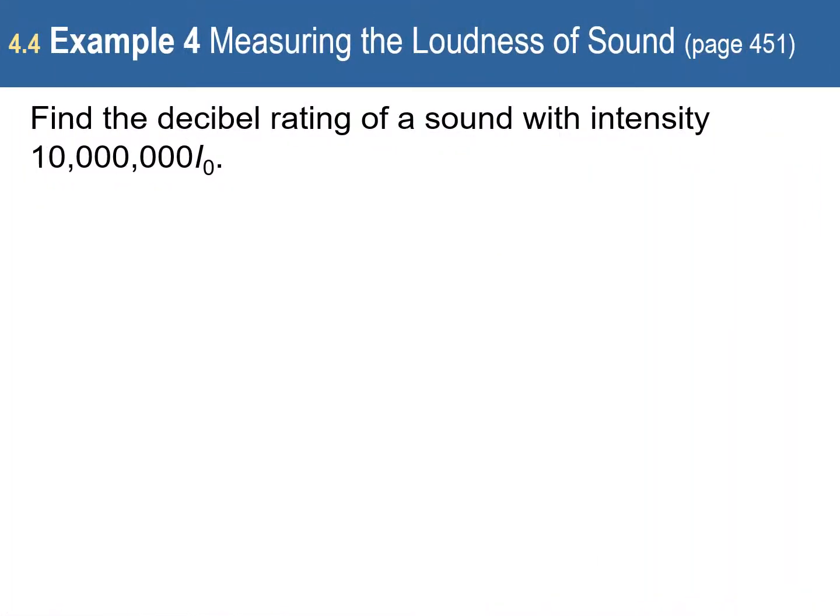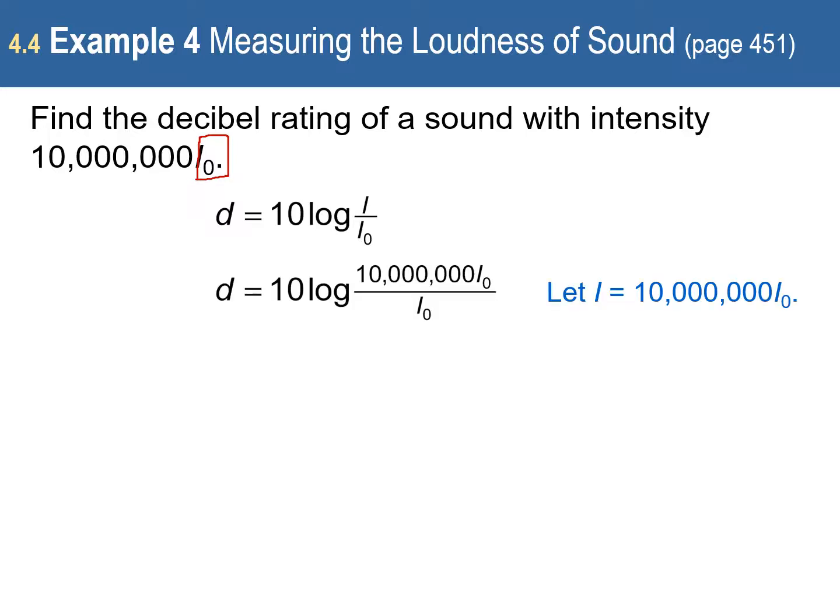So find the decibel rating of sound with an intensity of 10 million times I naught. That's kind of hard to read. So D is 10 log of I over I naught. I'm going to substitute in I. I is 10 million times I naught, and you see these I naughts are going to cancel.